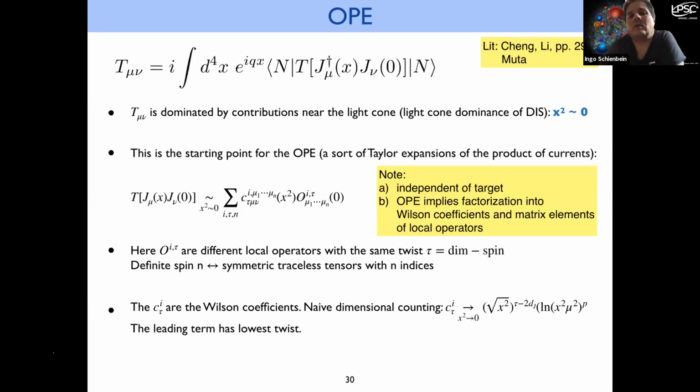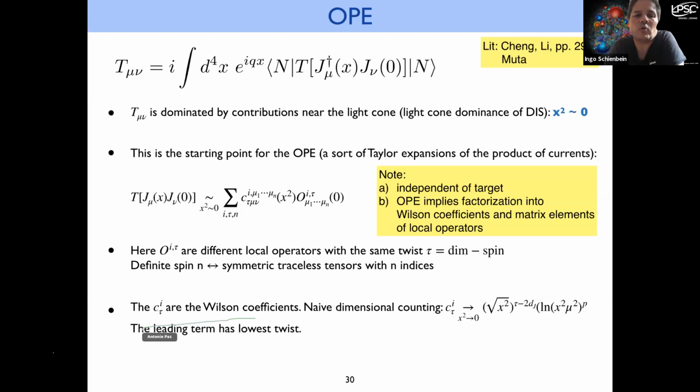And then the operator product expansion introduced by Wilson in, I think, 1969 is a sort of Taylor expansion of such a product of currents.